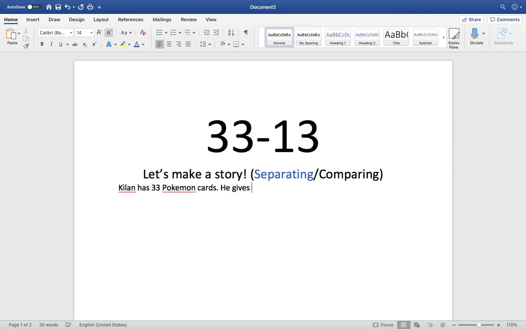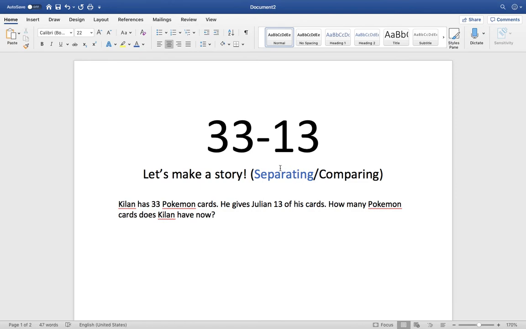He gives Julian 13 of his cards. How many Pokemon cards does Keelan have now? All right, so we know this is a separating story problem we made because here's 13, right? Our 13. And the special word here is gives. Gives tells us we're doing a separating story, okay?